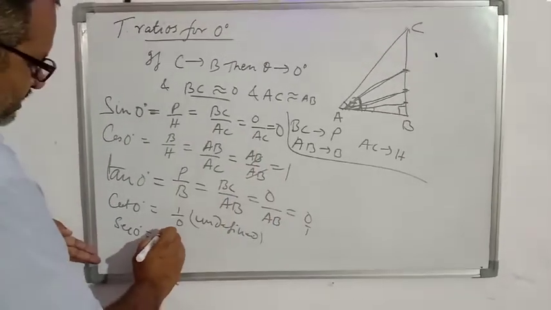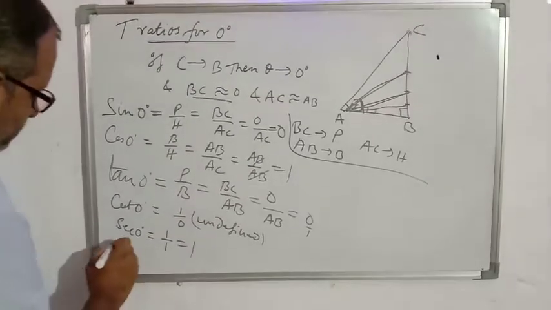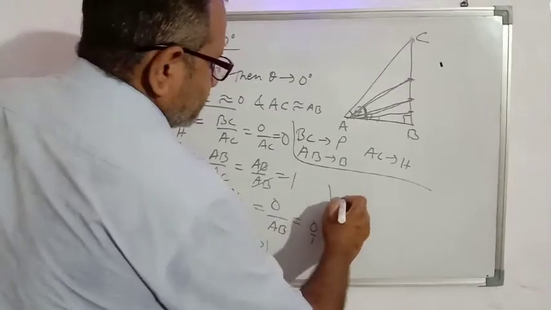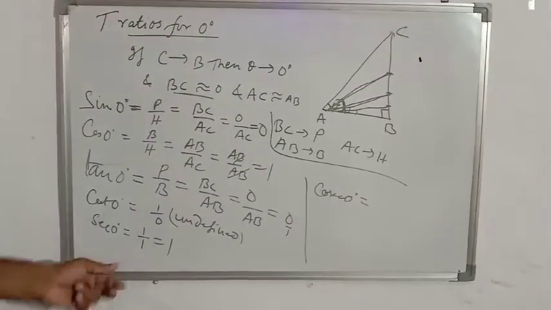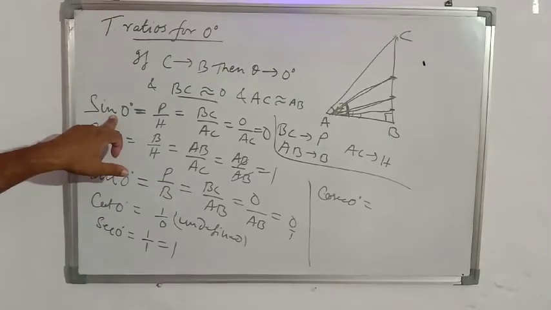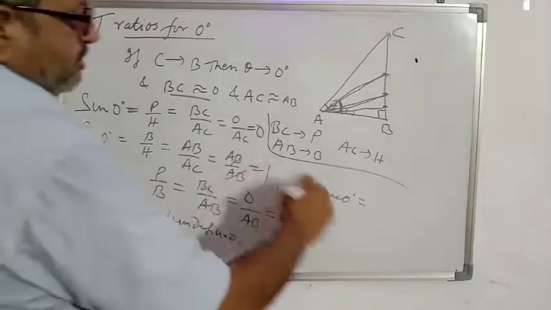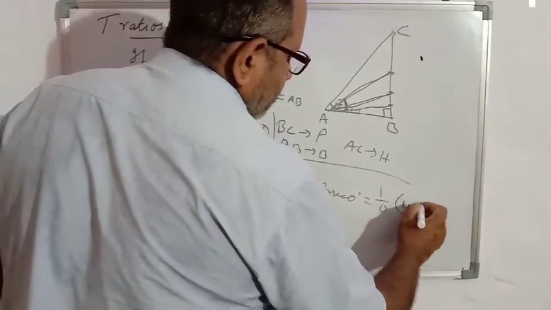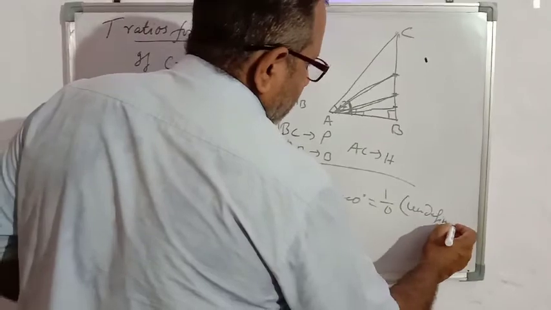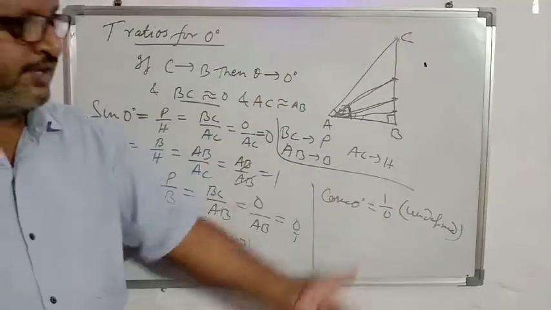The reciprocal of 1 is again 1. And cosec 0 degree is the reciprocal of sine. The value of sine is 0. So the reciprocal of 0 means undefined. If the denominator is 0, it means undefined.